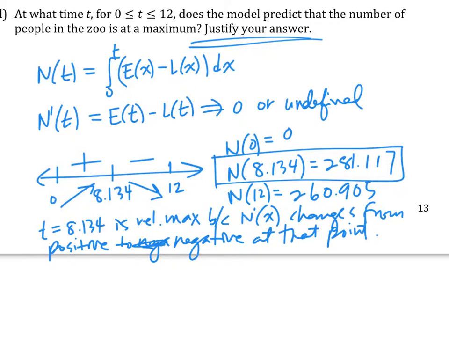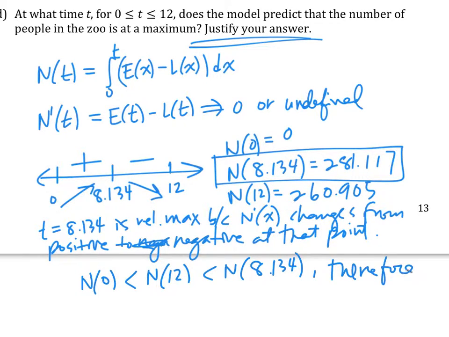I think what they usually do on the AP test is they do something like this: N of 0 less than N of 12 less than N of 8.134. Therefore, t equals 8.134 is the maximum. So that would be enough justification. Yes? It's asking for numbers of people, so it's usually to keep those 3 digits, like 2 point something. I would do it just to be safe.